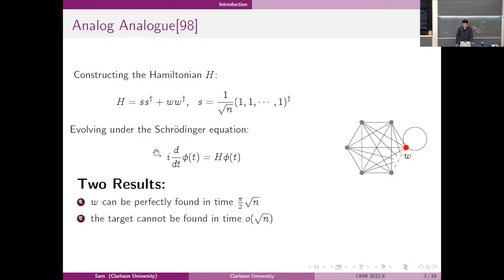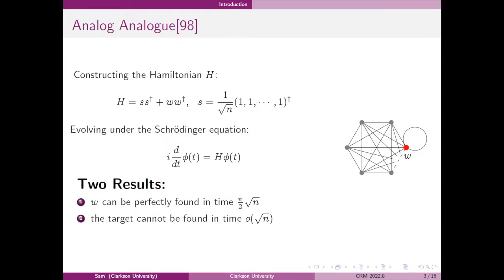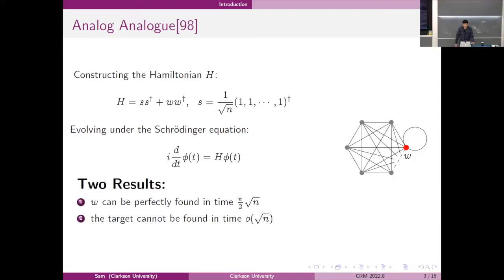We immediately get two results. First, the target vertex w can be found perfectly in time pi over 2 times square root n, so we can find this target vertex with probability 1. The other result is that the target cannot be found in time earlier than square root n, so this is the optimal time.